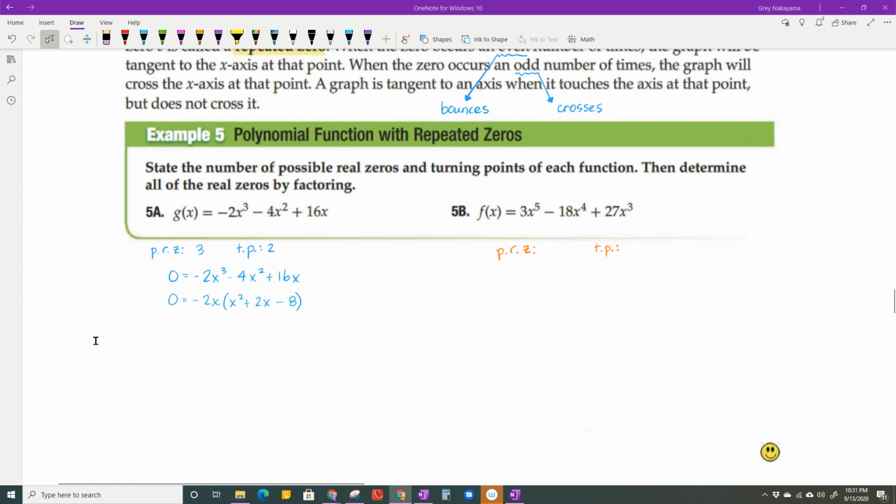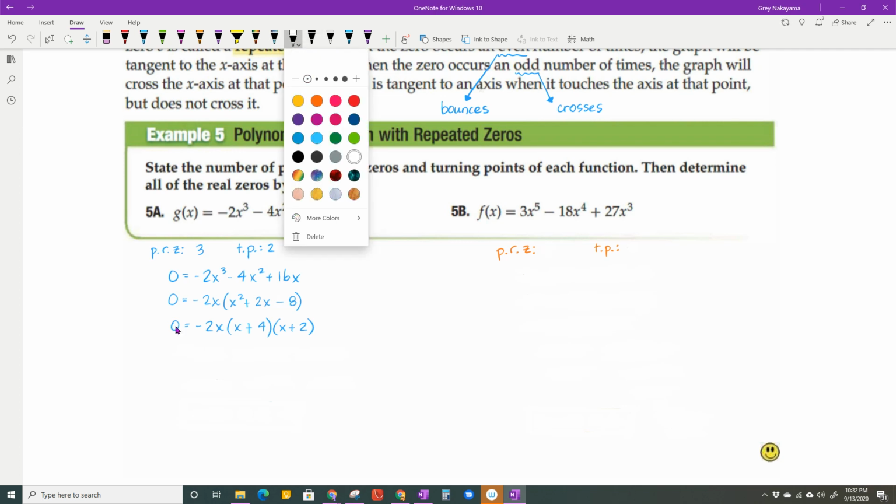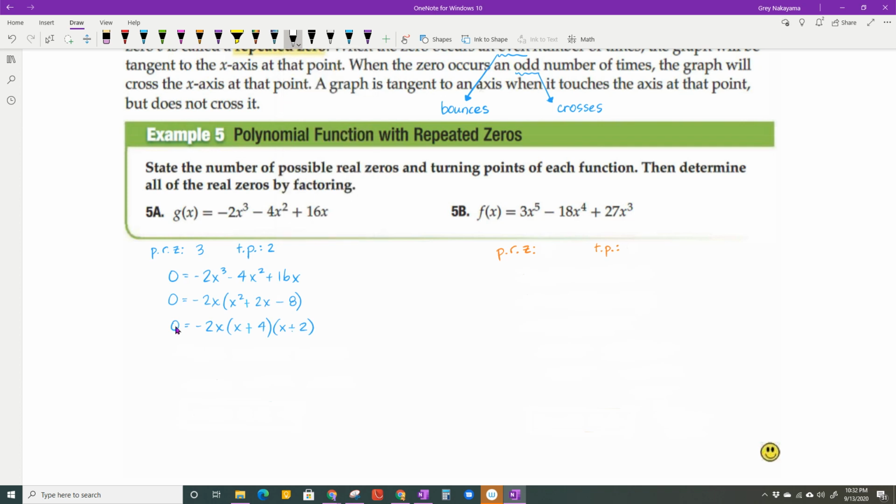Okay, those factors are 4 and 2, but because I had it wrong the step before, if it's 4 and 2, then I need the 4 to be positive, and I actually need this 2 to be negative. So I'm going to make this negative here. Okay, so it's x plus 4 and x minus 2. I'm going to set each factor equal to 0. So this one should be negative x minus 2, and this one should be x plus 4.